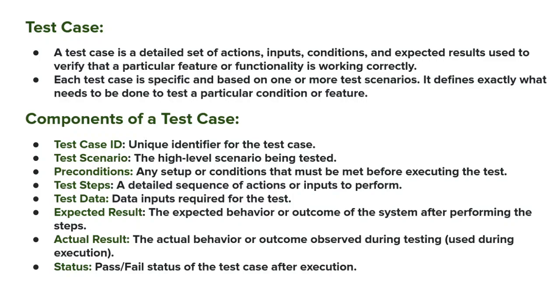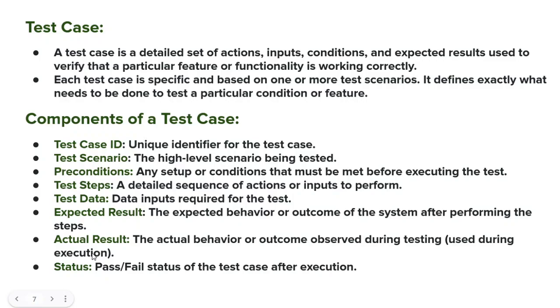Actual result. Actual result means the actual behavior or outcome that is observed during the testing. So this information we don't fill in advance. This information we will get after testing the steps. Expected result we will put in advance. So expected result we know. In the requirement it is mentioned. This is the expected result. But what is the actual result when we are performing the test case?